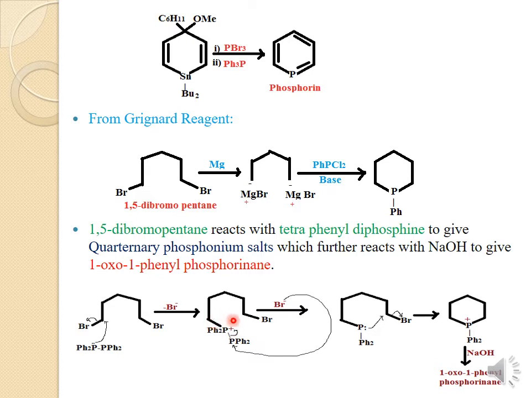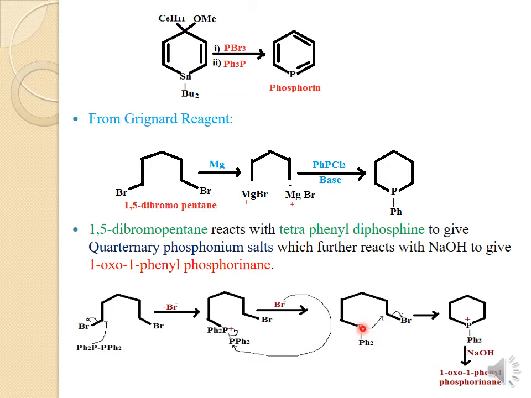After the formation of the quaternary phosphonium salt, the bromide which is cleaved out will attack the phosphorus atom. There is a neutralization of the positive charge from the bond between the two phosphorus atoms, resulting in this structure. Once this structure is formed, ring cyclization takes place.